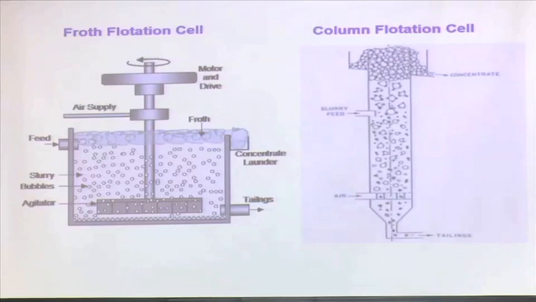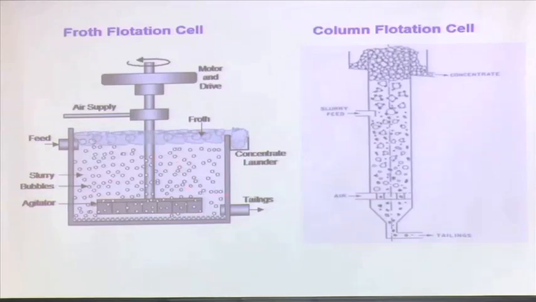A good example of naturally hydrophobic material is coal. Coal surfaces are naturally hydrophobic. Okay. But the degree of hydrophobicity depends on contact angle. So, there are methods to do that, but that is outside the scope of this talk. Okay.